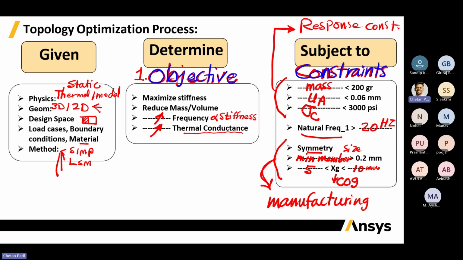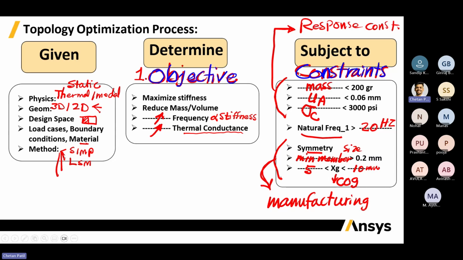It should not exceed the deformation in the geometry, or it should not go beyond some amount of stress or mass in the geometry. Those are some constraints that you need to apply whenever you have some kind of objective to be satisfied through optimization.